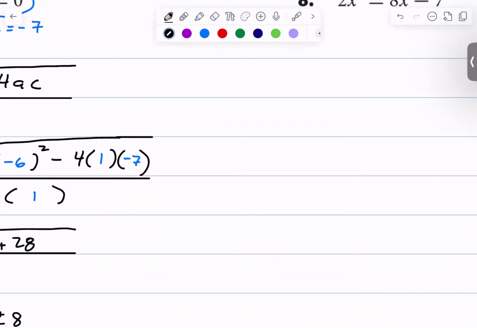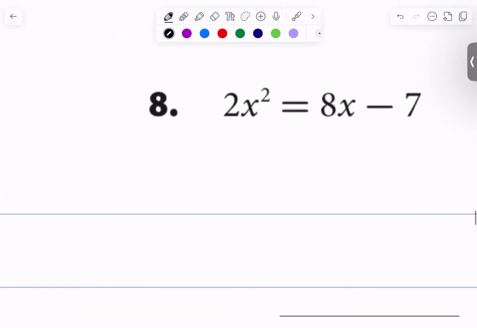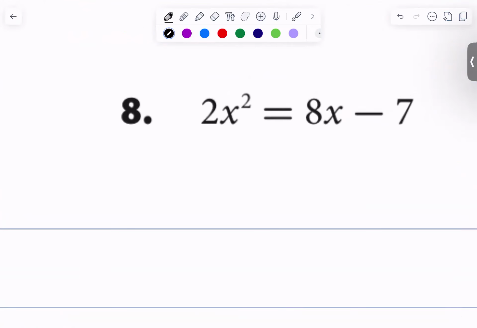Now let's try this. Number 8, 2x squared equals 8x minus 7. So what's my first step? Make one side equal 0, right? So I'm going to subtract 8x and add 7.